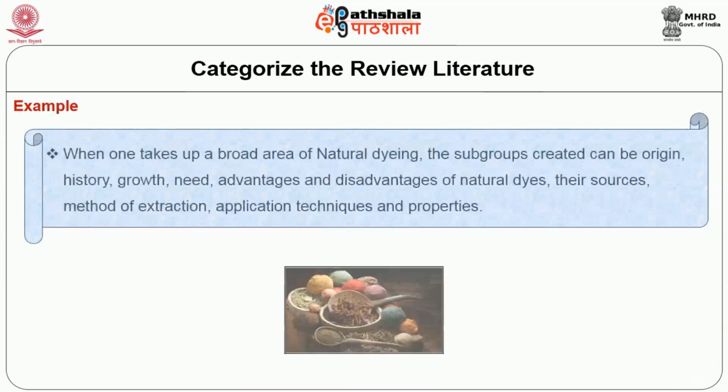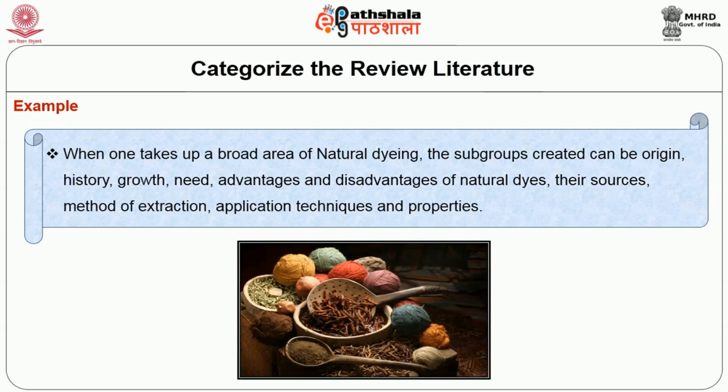The subheadings may start with general information, past studies, problems faced, the merits and demerits. Example, when one takes a broad area of natural dyeing, the subgroups created can be origin, history, growth, need, advantages and disadvantages of natural dyes, their sources, methods of extraction, application techniques and properties.